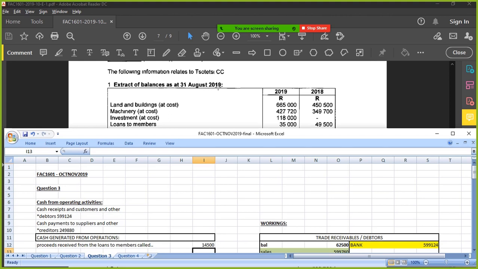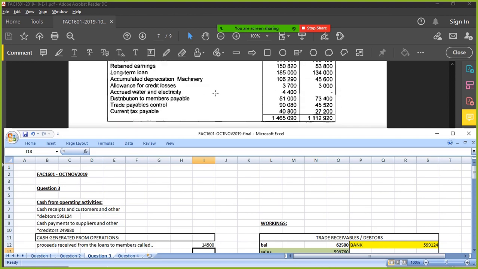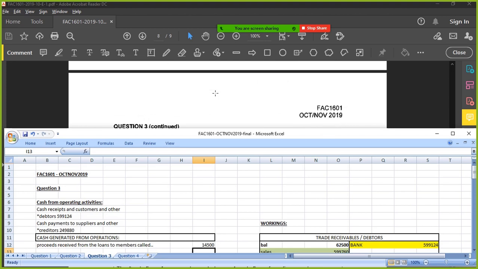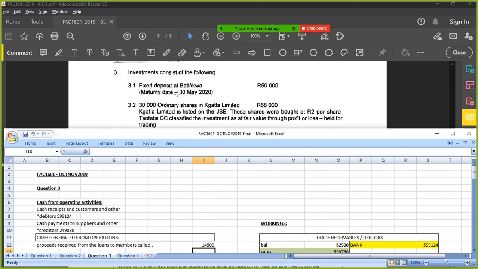So the next financial year would end on the 31st of August 2020. Do you agree? Yes. So if the fixed deposit's maturity date is the 30th of May, that means you're going to receive 30,000 next year. But you're looking at the movements this year.